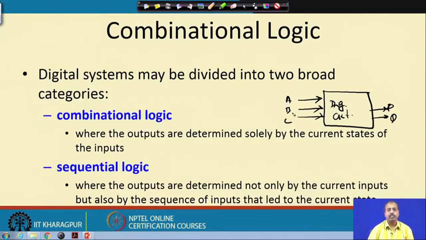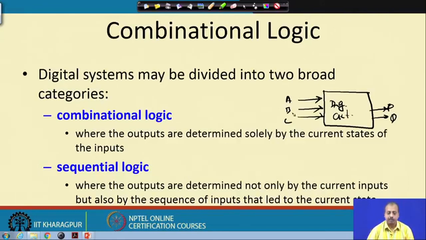So, at all the previous values of A, B, C. It need not be exactly at these boundaries like 9, 8, 7. You can say that it depends on the total history of these inputs from the beginning of the system. That type of logic will be known as sequential logic.